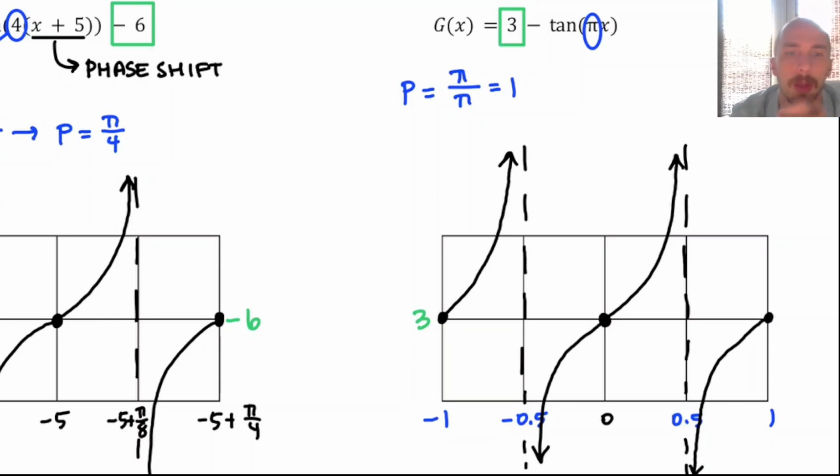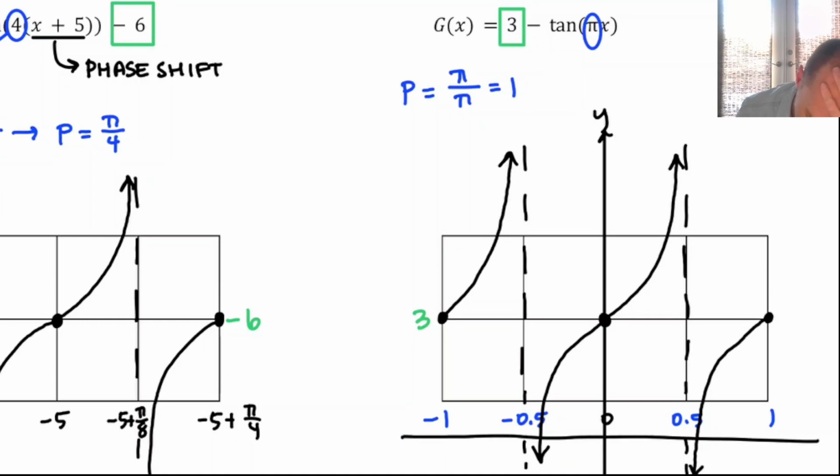Not the best sketch ever, but it's certainly good enough. If we wanted to draw in a y-axis on this one, put part of it there, other part of it here. And then an x-axis would be somewhere about there. And that's how we're going to graph functions related to y equals tangent x.